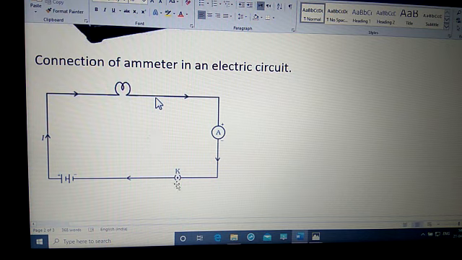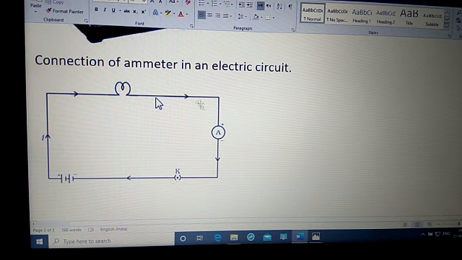Even the plug key has terminals, but it has no polarity, positive and negative, like the filament bulb. So the battery has polarities, and the ammeter has positive, negative terminals. Even the voltmeter has positive, negative terminals.